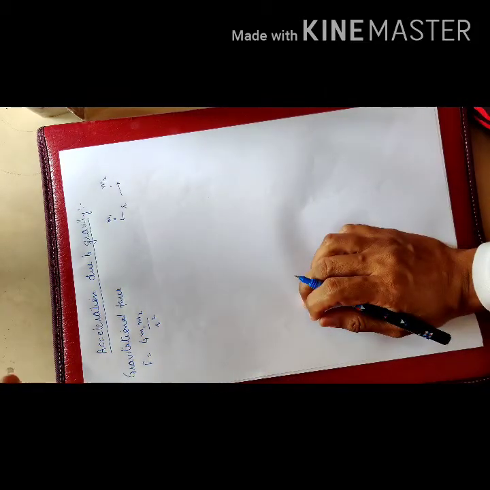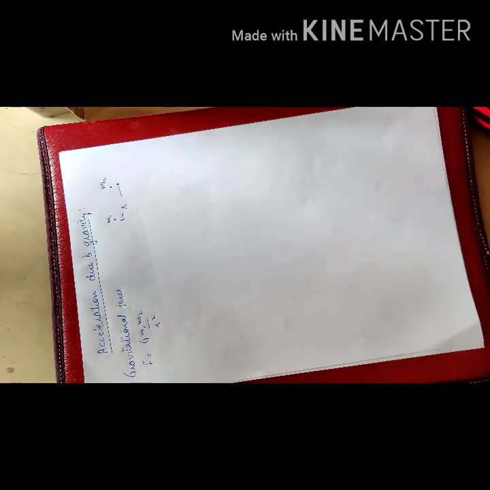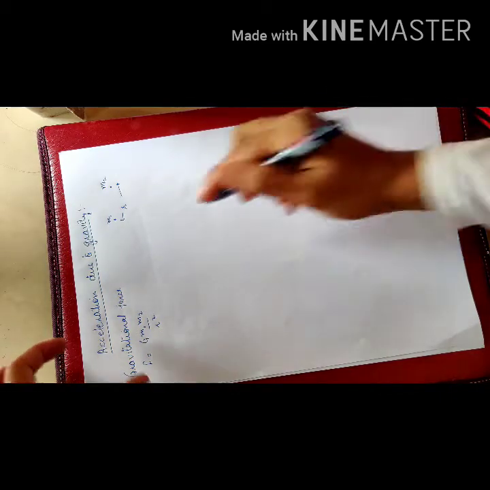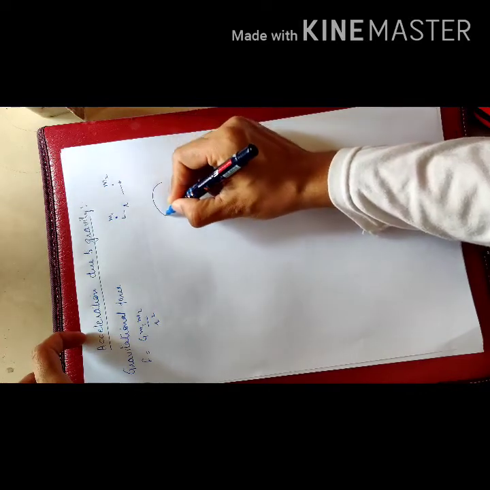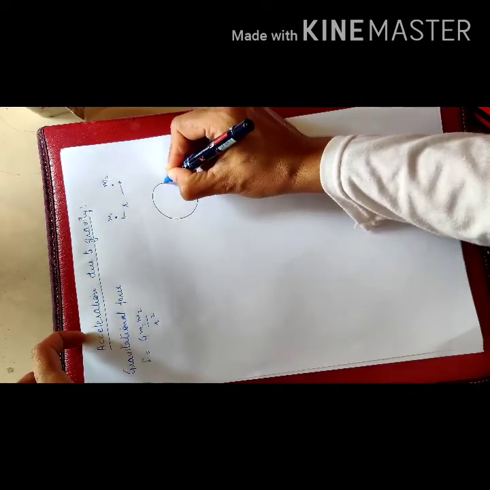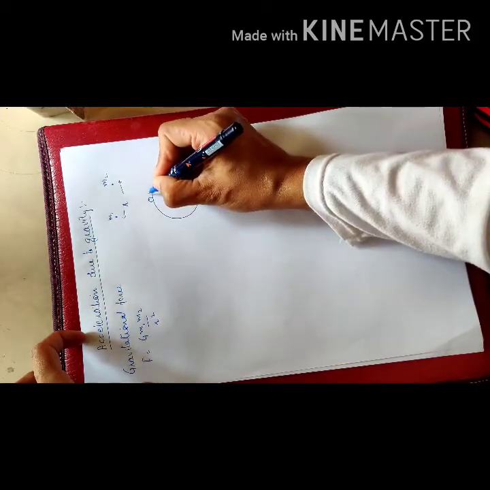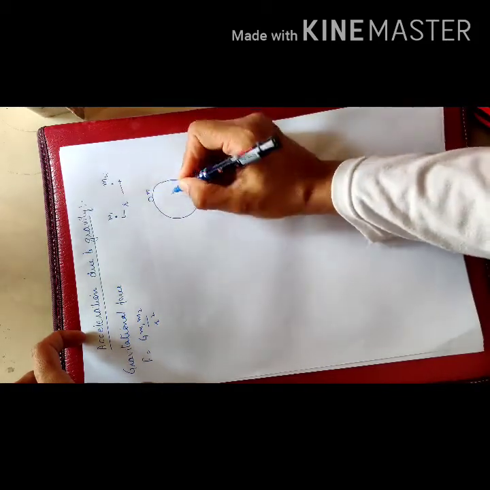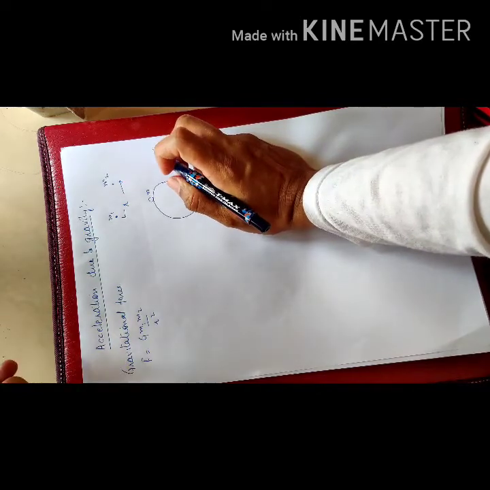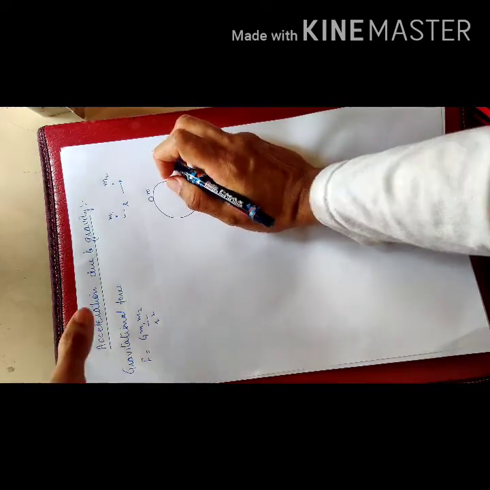Now the same force we will apply on the earth's surface, because the huge mass around us is the earth. Here is the earth, and here is one stone at the surface of the earth. Let its mass be small m, and suppose the whole mass of the earth is concentrated at the center.